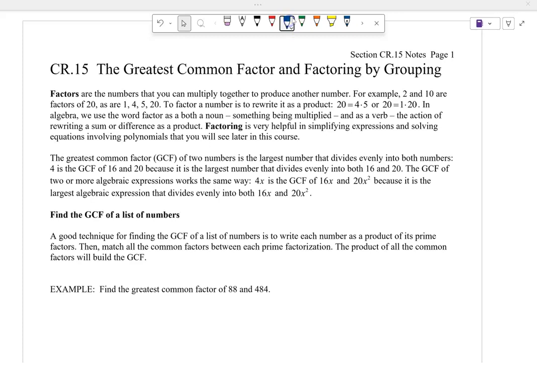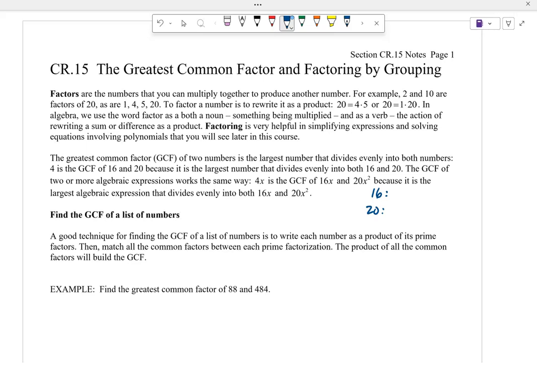If you're finding the greatest common factor of two numbers, like let's say 16 and 20, you can probably in your head figure out that 4 is the greatest common factor of those two, right? But if you didn't know, you want to break it down into their prime numbers, the product of all their primes.